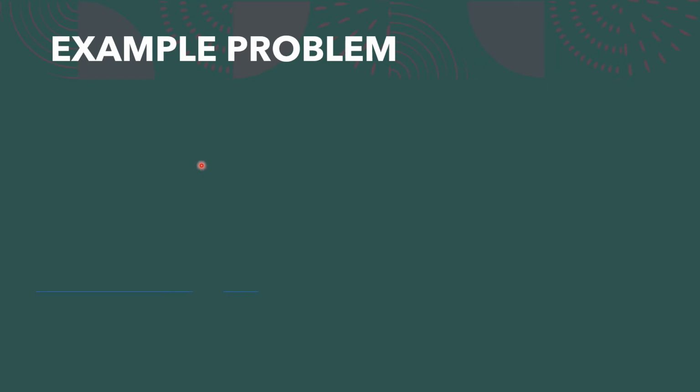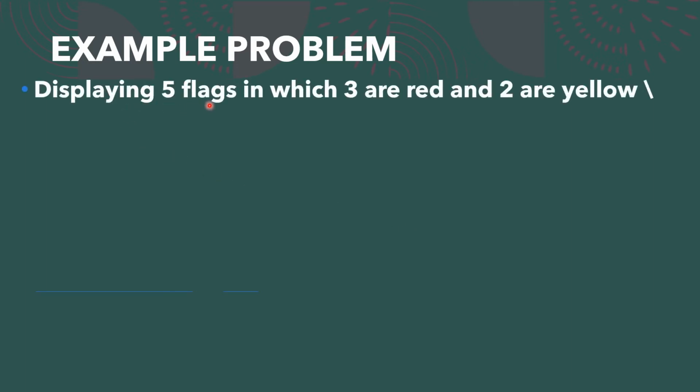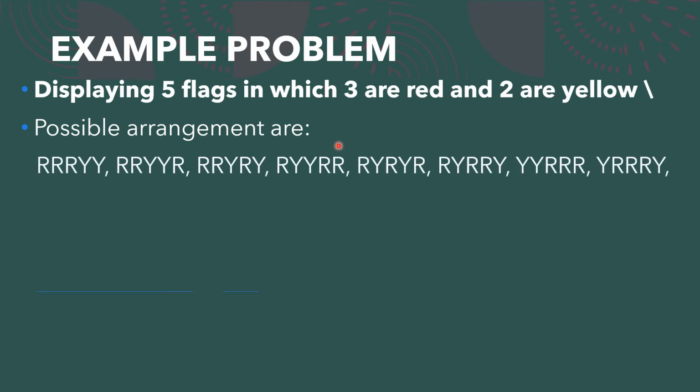Let's try another problem. We have displaying 5 flags in which 3 are red and 2 are yellow. So, dito sa problem na to, meron tayong 3 identical red flags tsaka 2 identical yellow flags. So, pag inadd mo, 3 plus 2 is equal to 5 flags. This one is non-distinct permutation. So, let's try to list some possible arrangements.